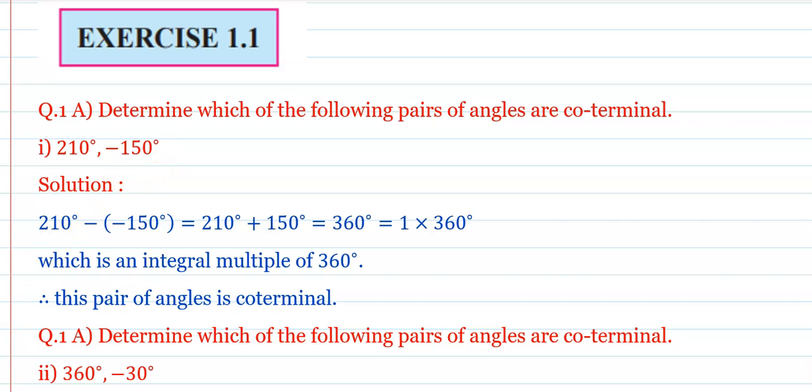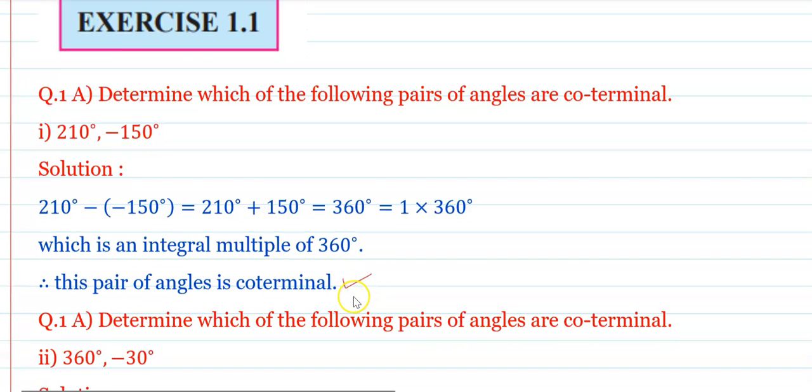Now the solution, the difference is 210 minus in bracket minus 150, and that's equal to 210 plus 150, which is 360, and that's equal to 1 into 360. It's an integral multiple of 360 or 2 pi, and hence the pair of angles is coterminal.